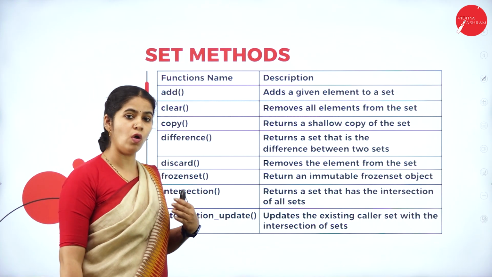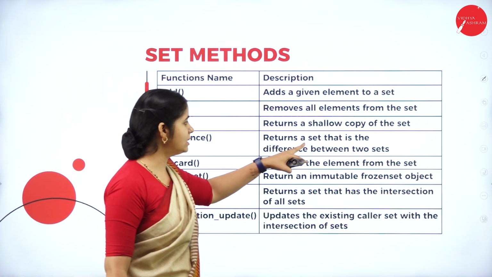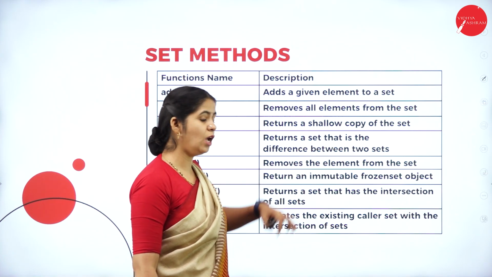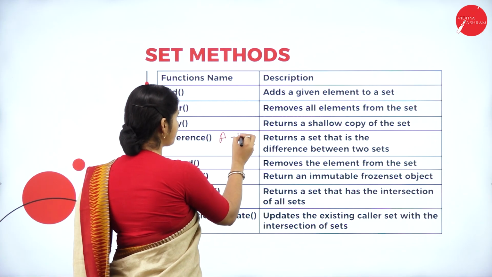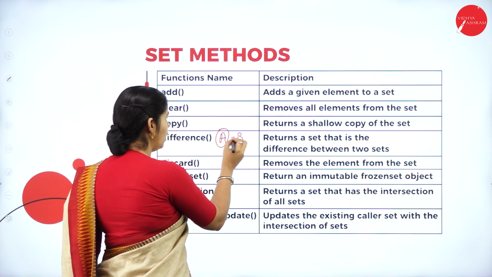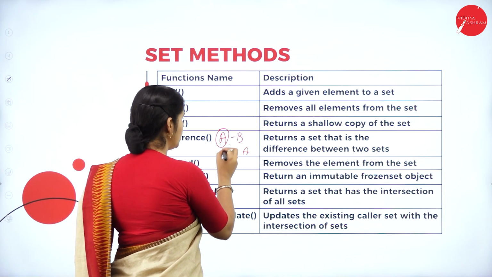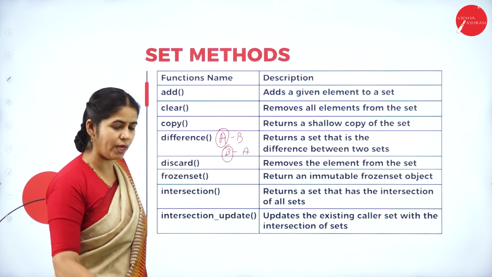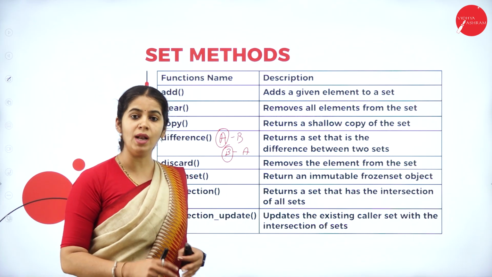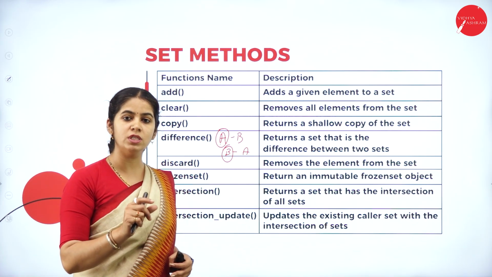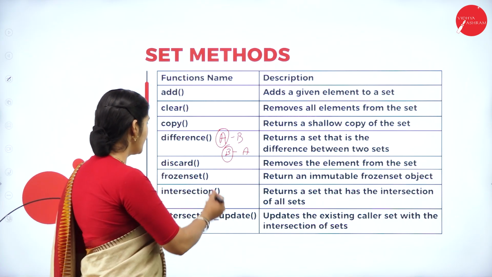And difference, we have already done how the difference operation works. It returns the set that is the difference between the two sets. If it is A minus B, it gives all the elements of A which are not in B. If it is B minus A, it will give you all the elements of B which are not in the A set. Discard removes the element from the set. It will remove the particular element which I want to take out from the set.